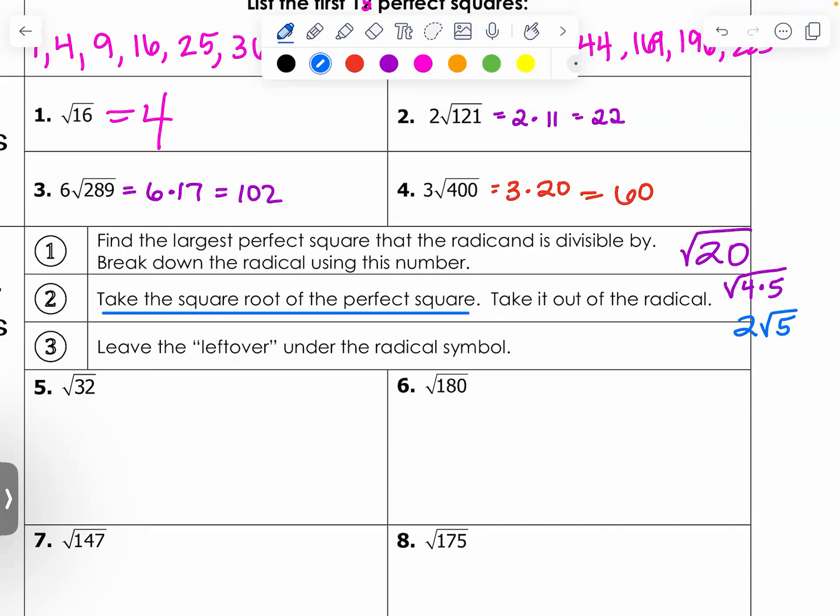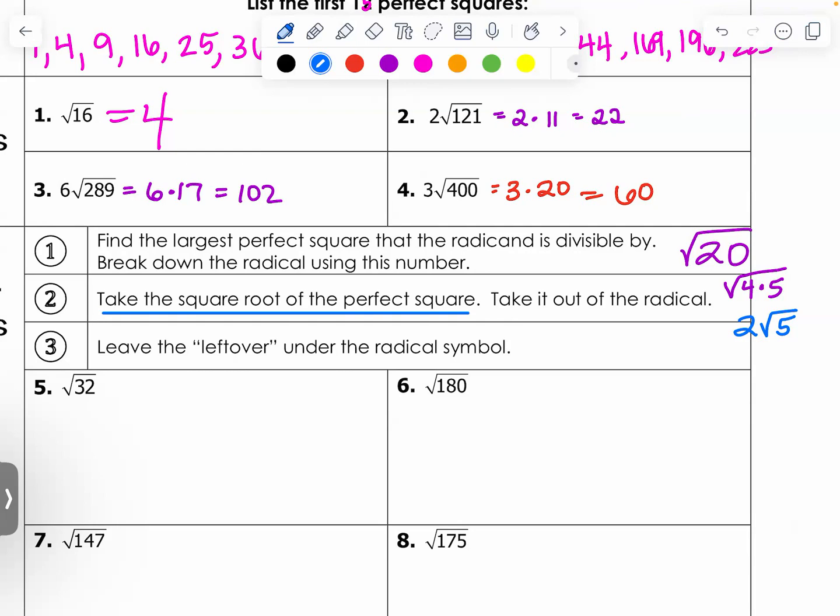Okay. We're going to take our number that's not a perfect square, and we're going to rewrite it as a product of a perfect square times something. So 20 is 4 times 5.